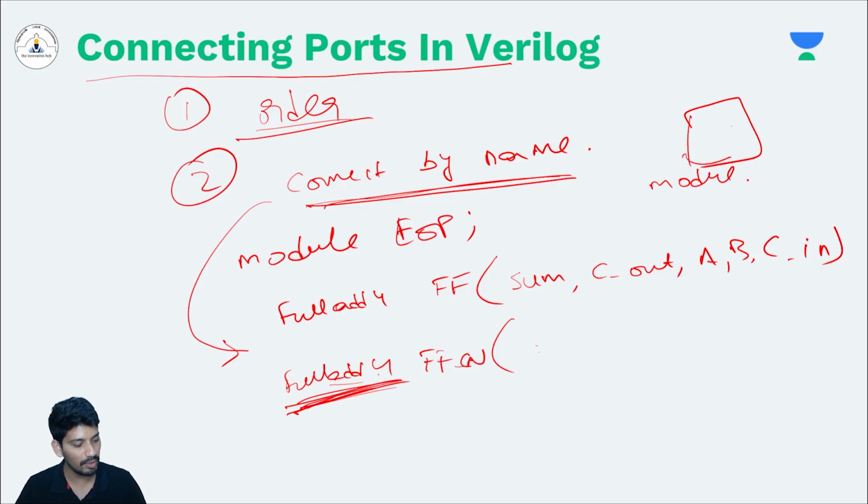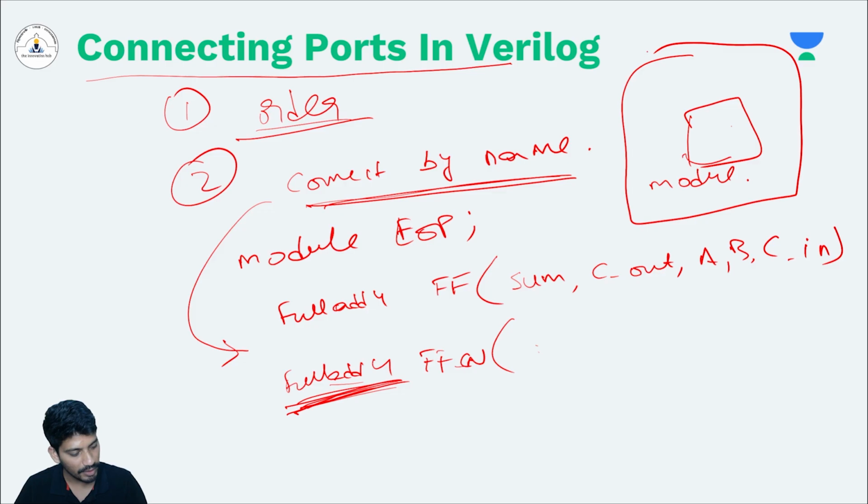The full adder module I am drawing again here. This is my top module. This is my full adder module. It has three inputs, let's say small a, small b, small cin, and the outputs are small sum, small cout.